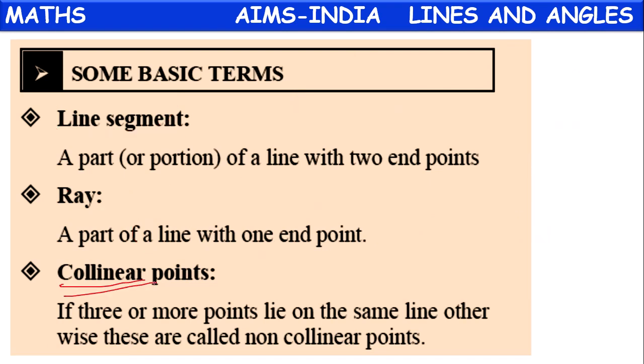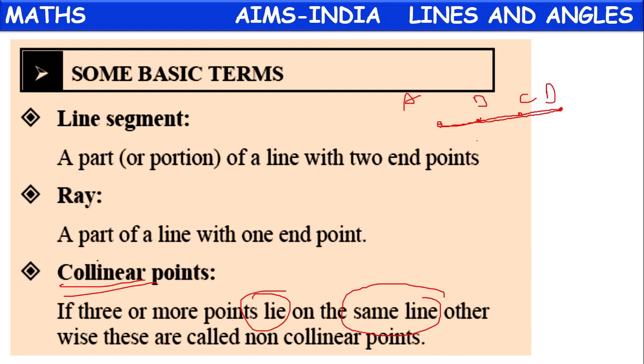So next, collinear points. Suppose I have three points A, B, C, or more points. If I join them, and all of them, A, B, C, D, are able to lie on the same line, these points are all parts of the same line.